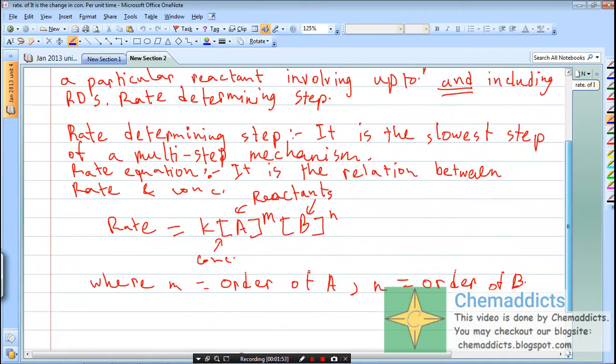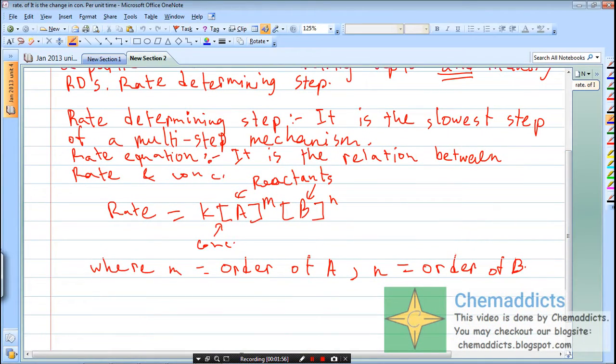This is how the rate equation looks like.